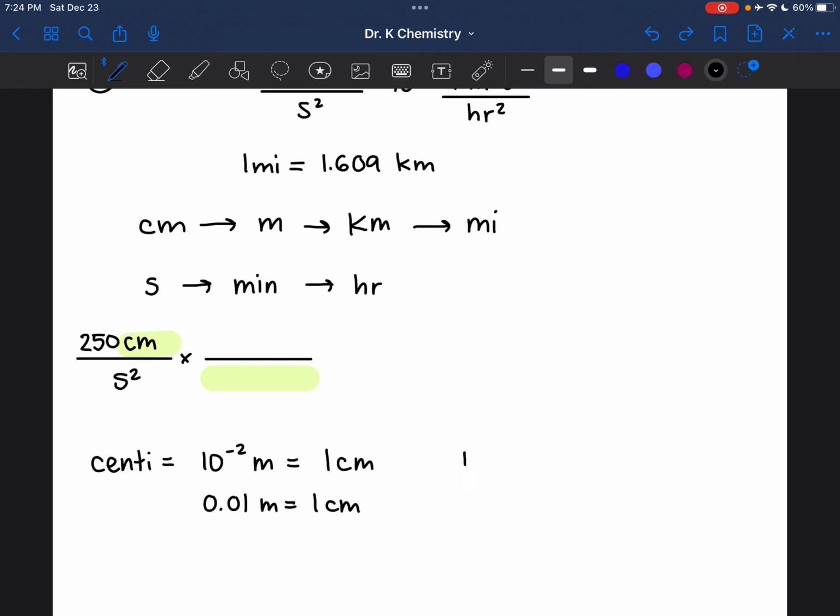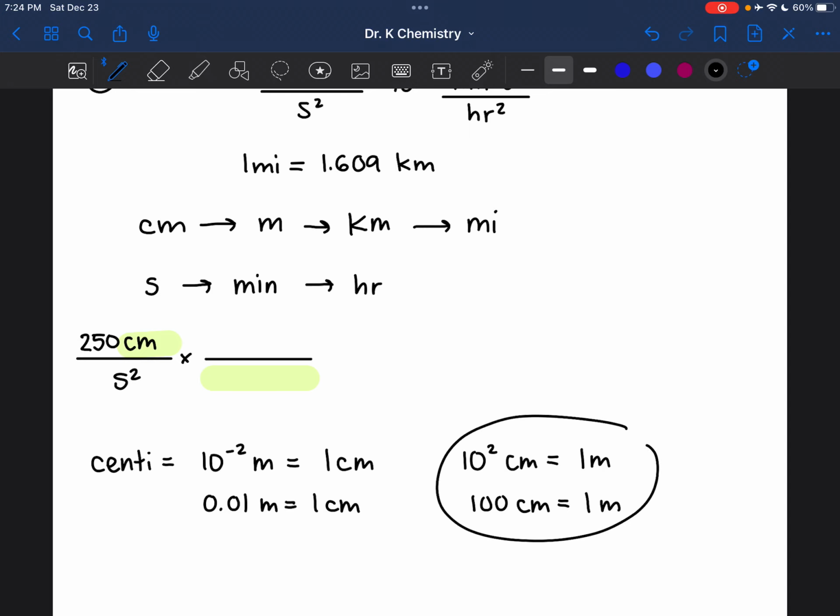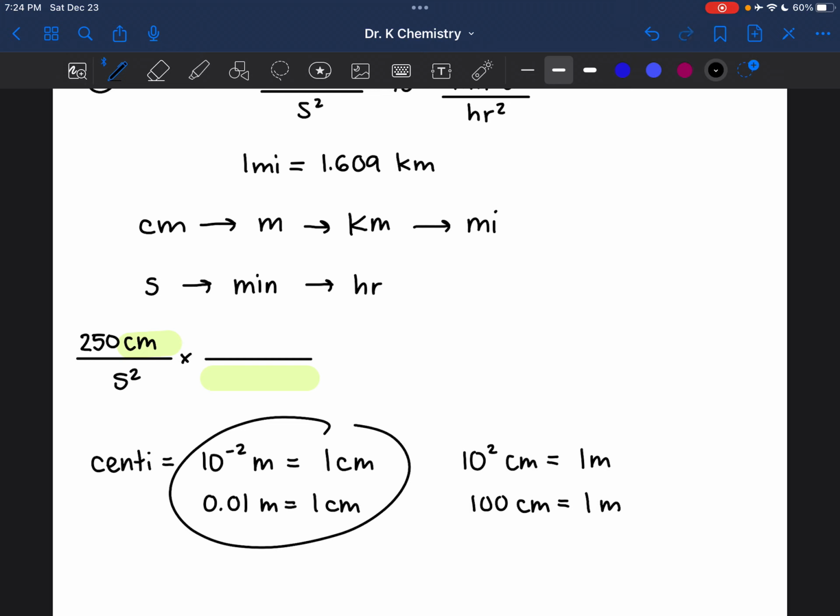So I could turn this around and say there are 10 to the 2 centimeters in 1 meter, or there are 100 centimeters in 1 meter. Centi means 100. So I prefer this option. I'm going to continue with that. If you prefer the other option, that's totally fine. It will lead you to the same answer.